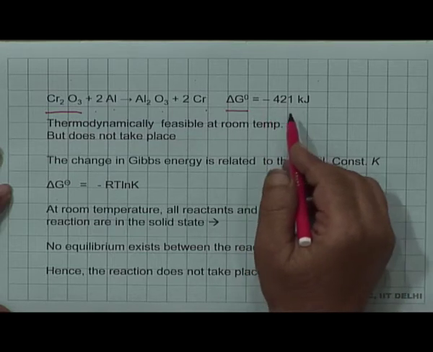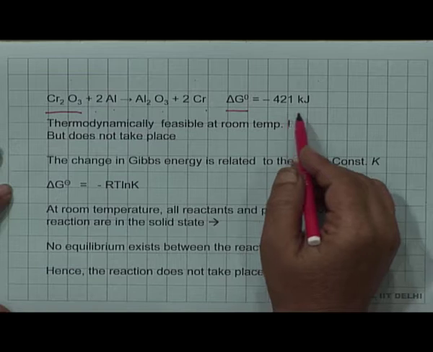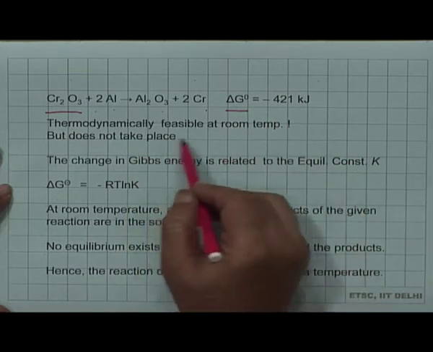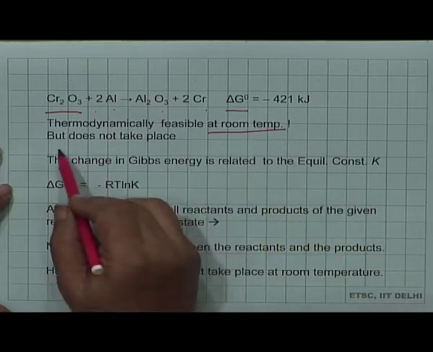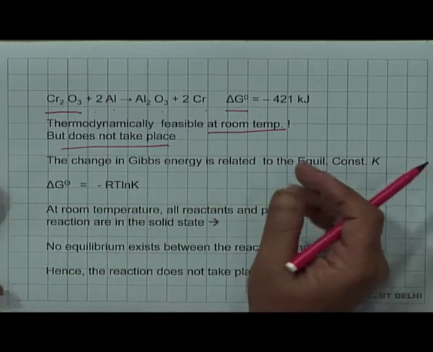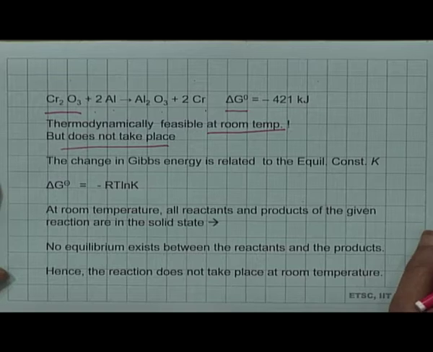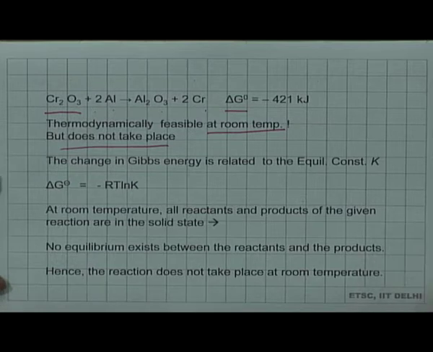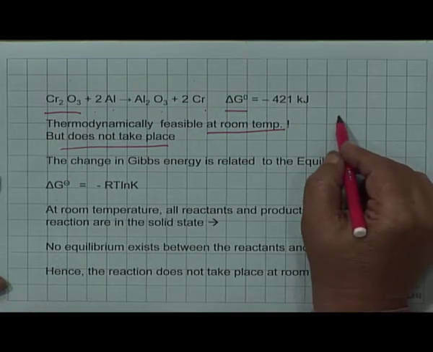So, what does it say? If the delta G value is negative and its magnitude is so high, then it says that it is feasible at room temperature. So, what should happen? You mix chromium oxide with aluminum and you should get pure chromium, and aluminum should be converted into aluminum oxide, but this does not happen. So, the question is why?